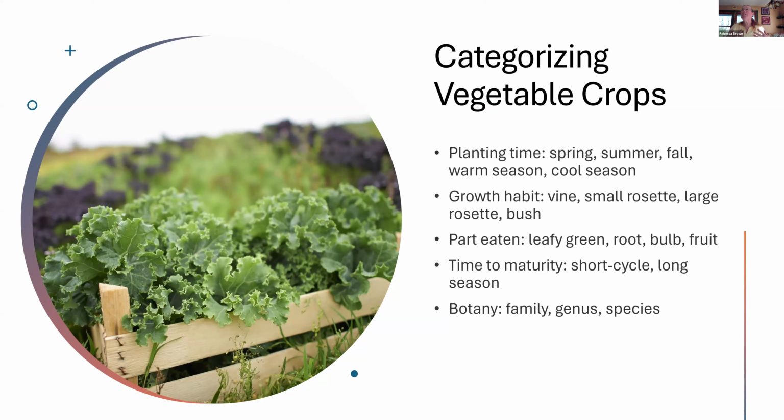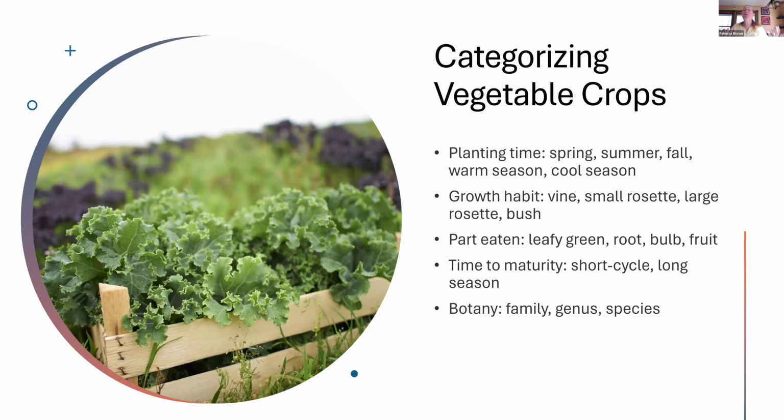So for instance, even though beets and chard are the same species, they are in different categories when it comes to the pesticide label. And there are products that are approved for use on beets that cannot be used legally on chard.